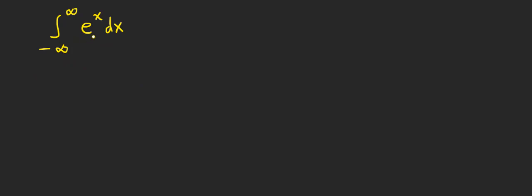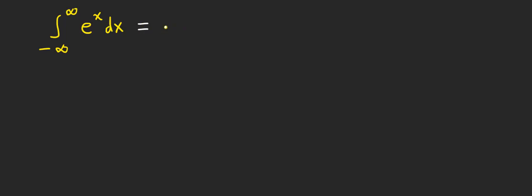Now let's take the integral of e to the x dx from negative infinity to infinity. This improper integral goes from negative infinity to infinity. So what we need to do is choose a nice real number so that we can break this into 2 parts. How about 0? First, let's check that e to the 0 exists. e to the 0 is 1, so we're good.